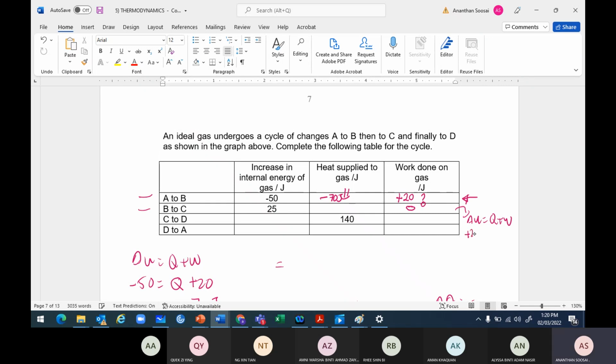It's positive 25. Q we are looking for. Work is found to be 0. So of course Q is positive 25. Heat is also positive 25.